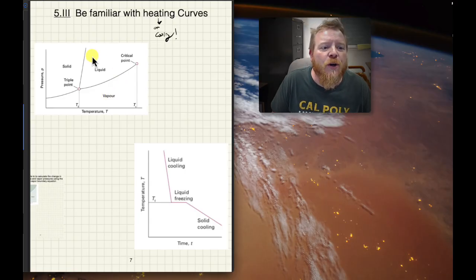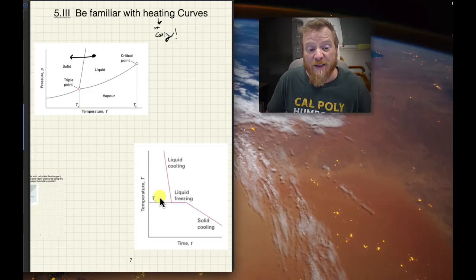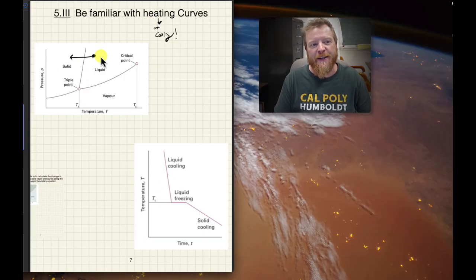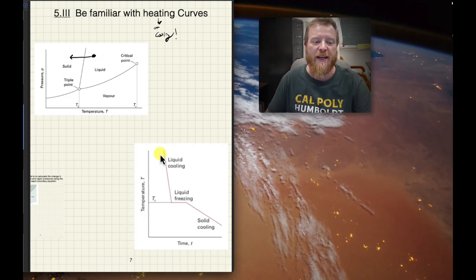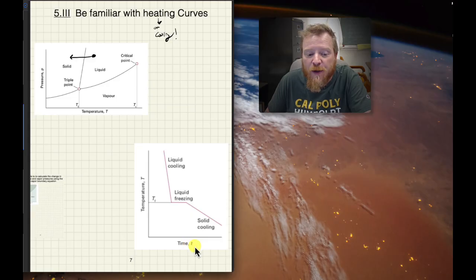So what would be observed if we started arbitrarily at some point here and cooled our sample down? Well, that would give us a cooling curve. And I know the learning goal says heating, but we can imagine if I went the other way, it would truly be a heating curve. So this indicates time right here.